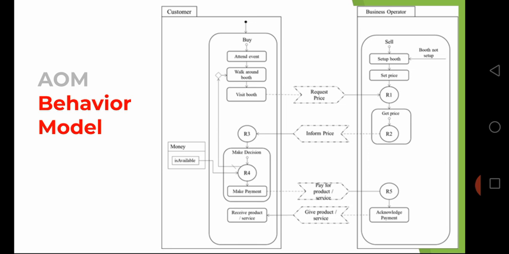Also in this model we have to model how the agent, which is a business operator, and the customer, how the agent is responding to the environment and making their own decision based on the environment changes.